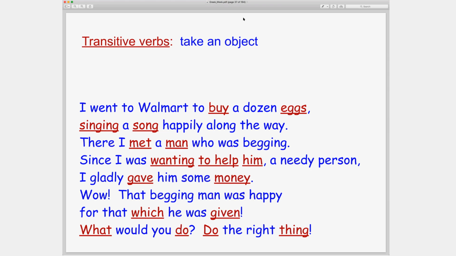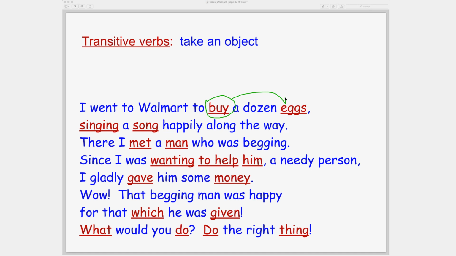Okay, transitive verbs. Getting back to that. Transitive, trans is Latin for change or across. So you go, you buy eggs. Buy is the verb.